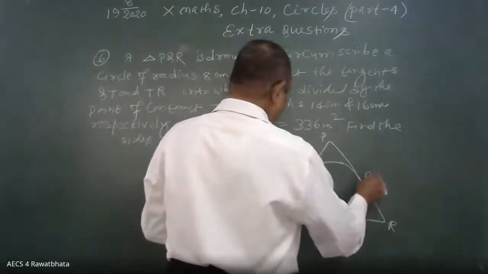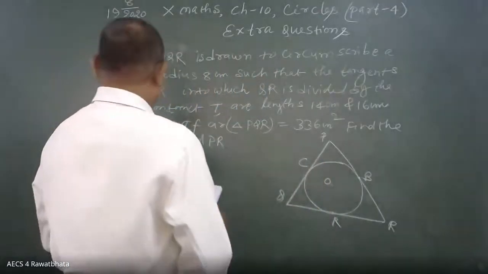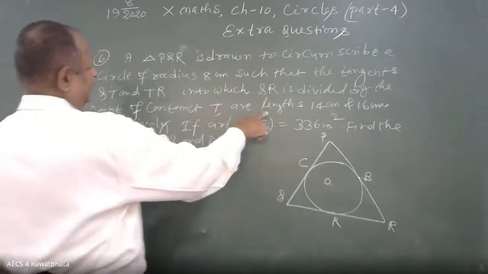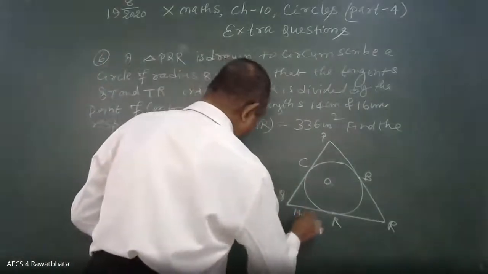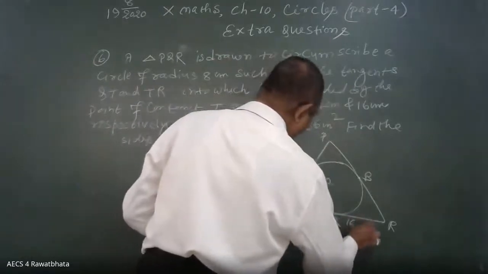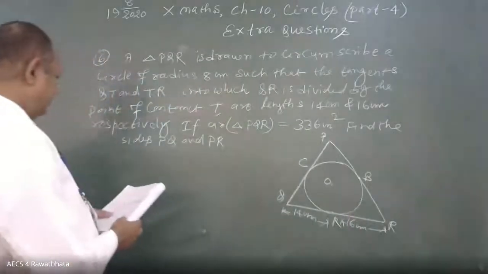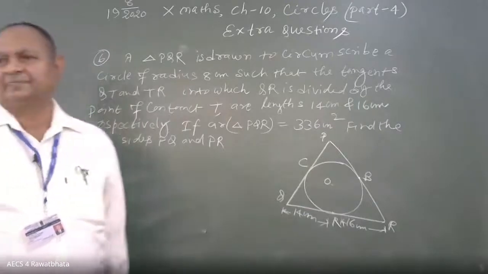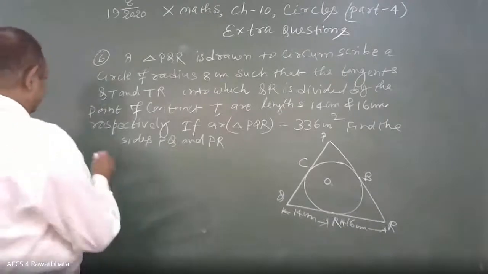This point is B. This point is C. This is 14 centimeter, this part, and this is 16 centimeter, this part. We have to find the value of PQ and PR. So, solution.